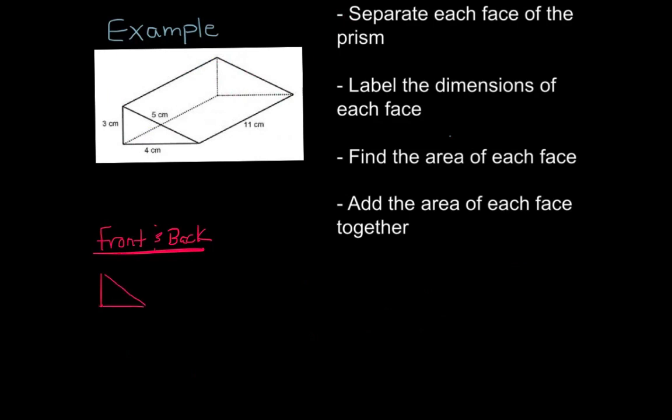My height here, which always has to be the perpendicular segment on a triangle, is 3 centimeters, and I'm just going to leave centimeters off right now so I'm not looking at so much. And my base is 4 centimeters. And the front and the back are congruent, so I just have to redraw this picture again. Or I'm sure some of you are maybe just multiplying by 2, which is completely fine.